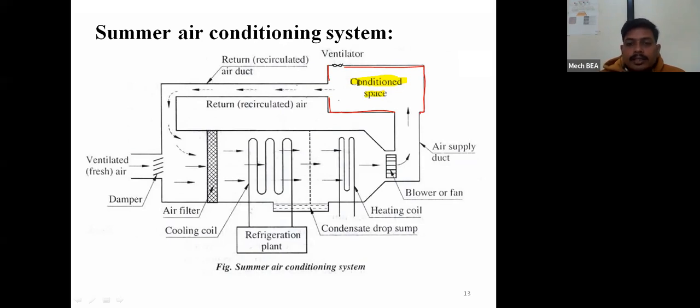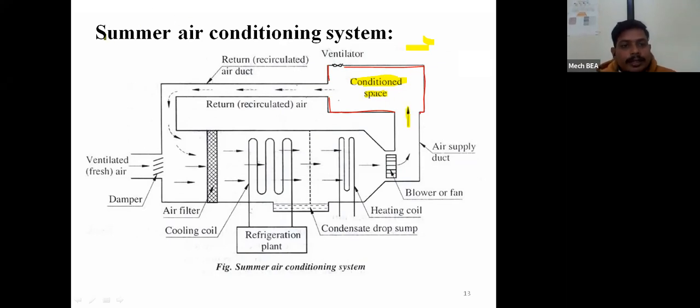To maintain the desirable internal atmospheric condition irrespective of external condition, whatever the outside condition may be, I need to supply the conditioned air here.